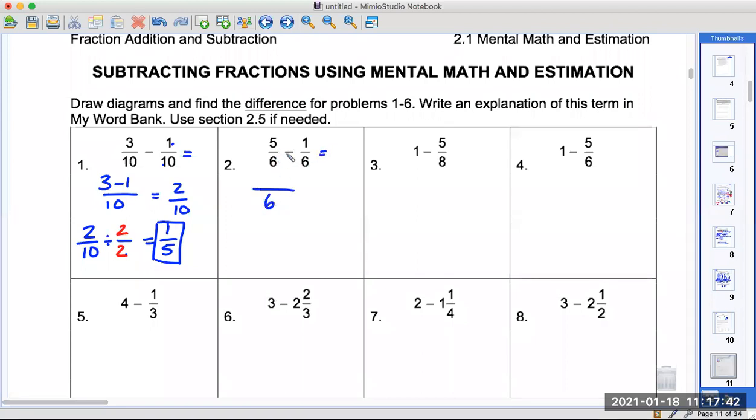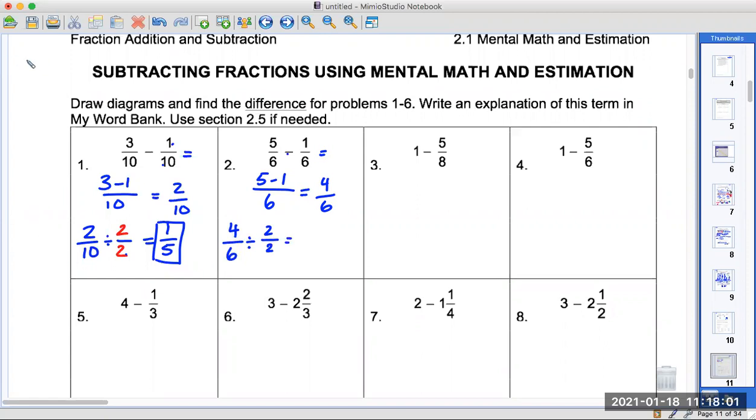Keep the denominator, subtract the numerators. 5 minus 1 is 4 over 6. Notice, not in lowest terms. I'm going to divide by 2 because they're both even.